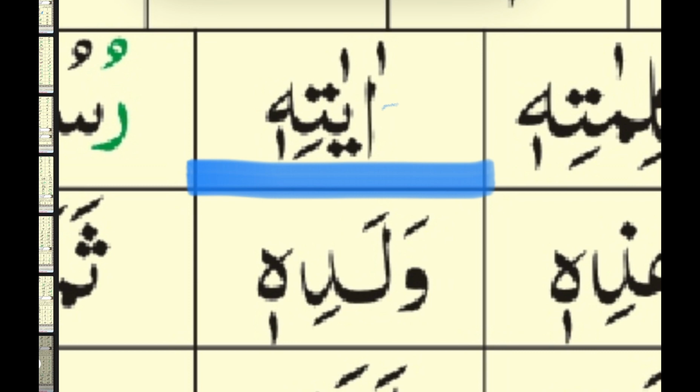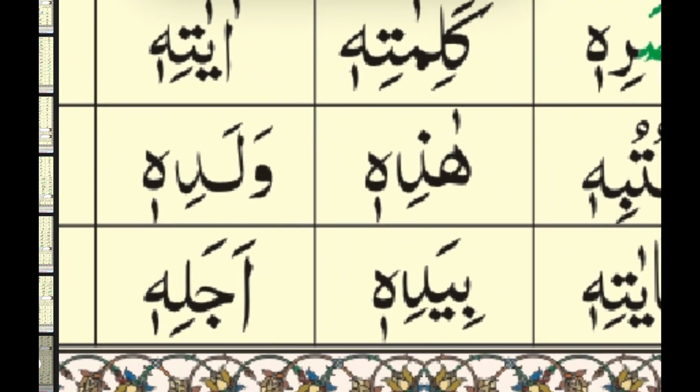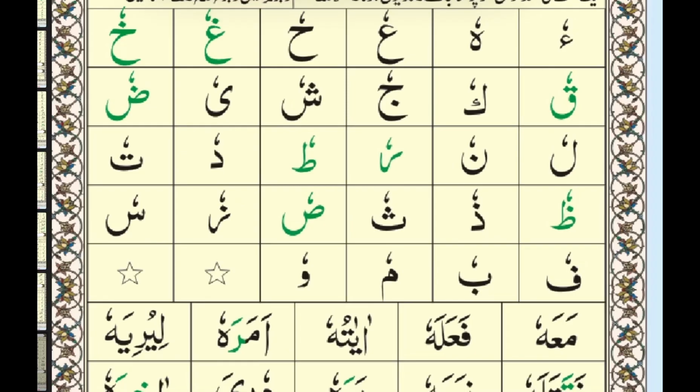As you can see, the ta is going to be less than one haraka because it has no mad. Let's move to this. Hadihi, hadihi. Now let's move on to the next bit.